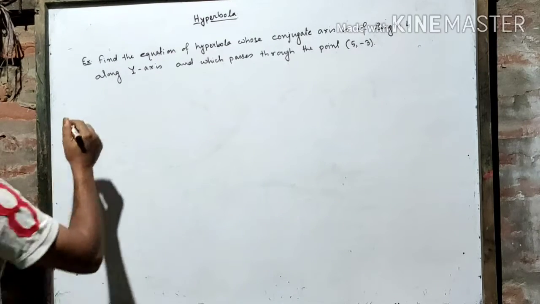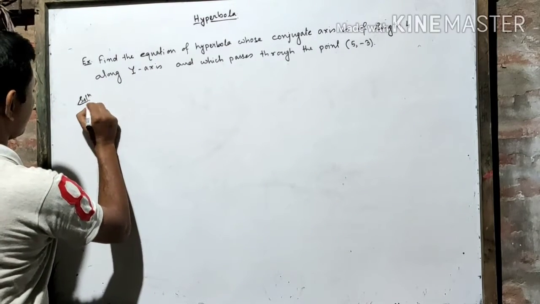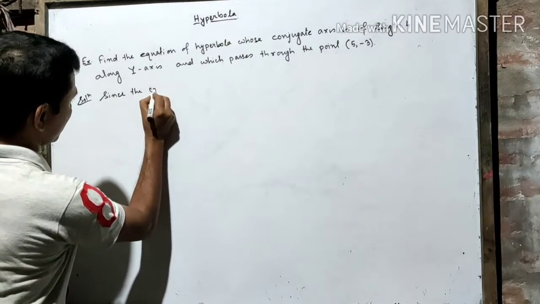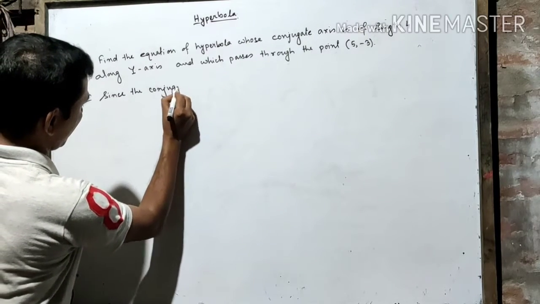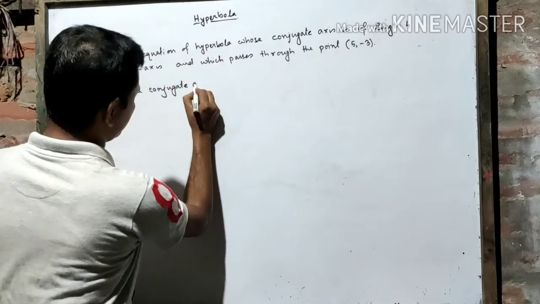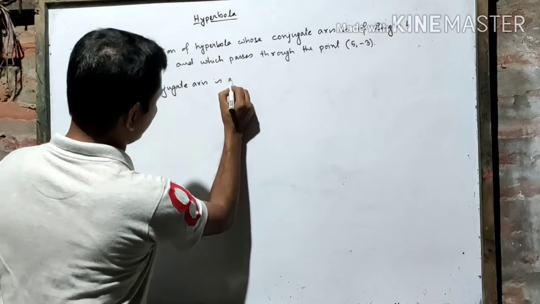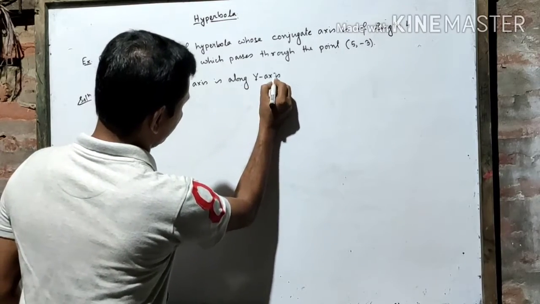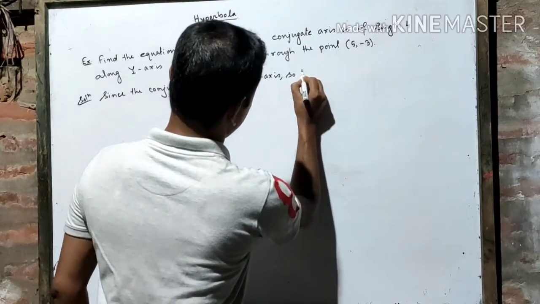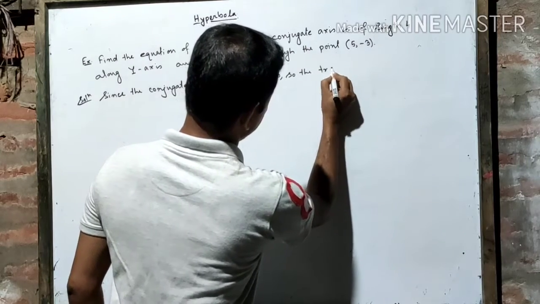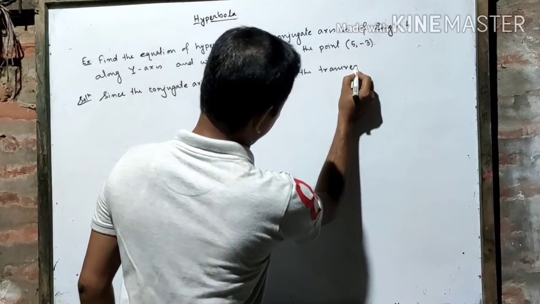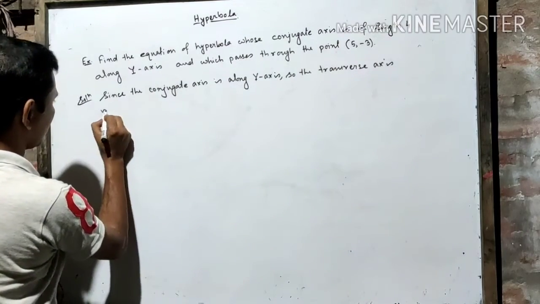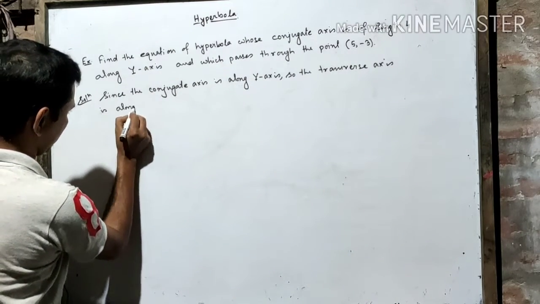Therefore, first of all we will write, since the conjugate axis is along y-axis, so the transverse axis is along x-axis.